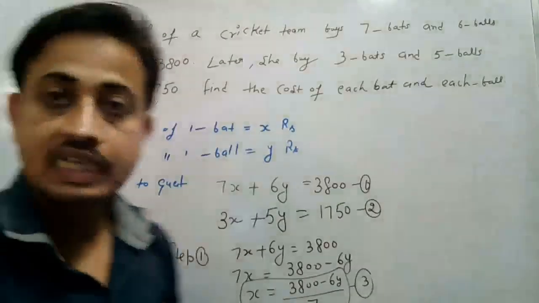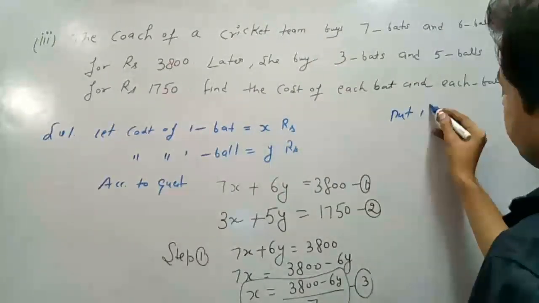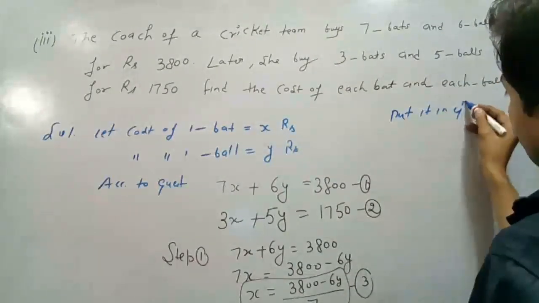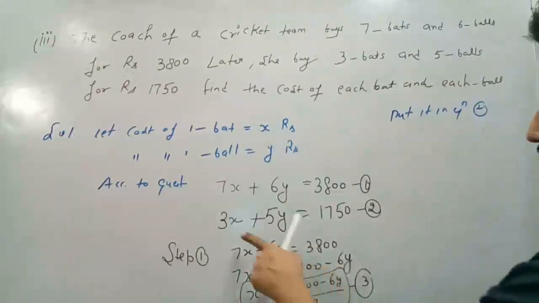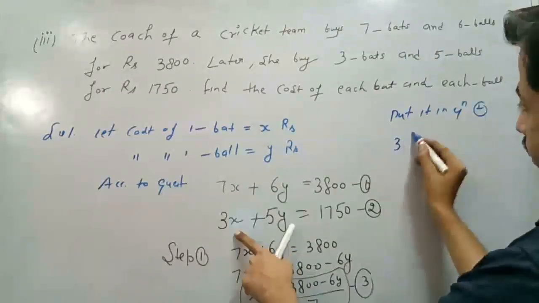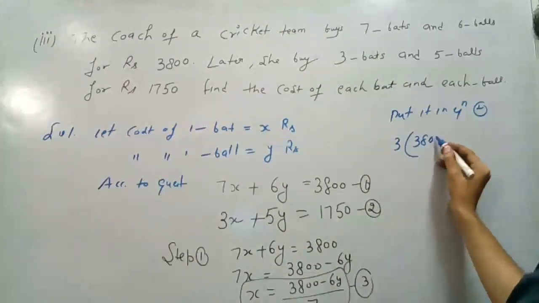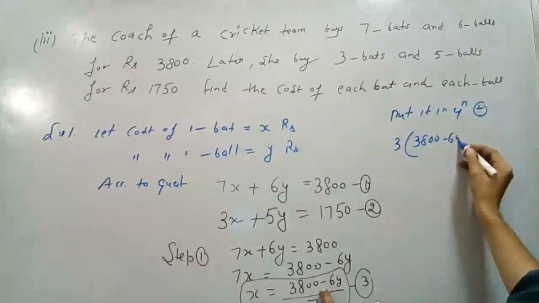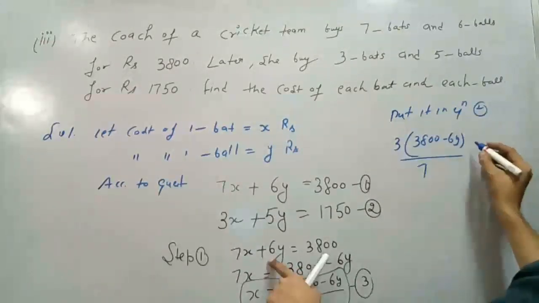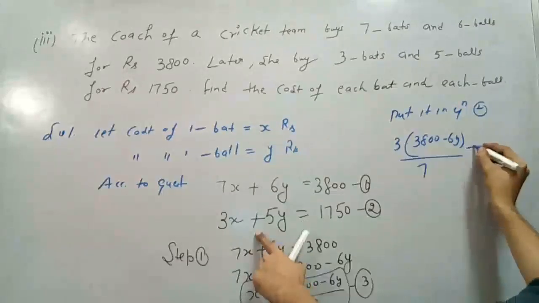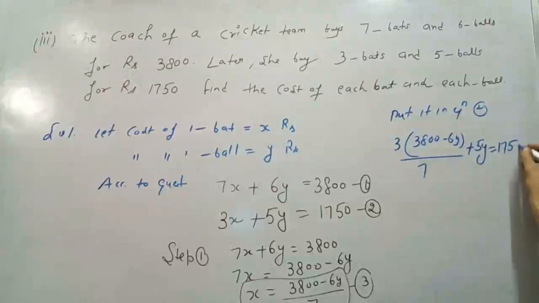Now what is step 2? Put it in equation number 2. The second equation is 3 into x, and the value of x is 3800 minus 6y divided by 7, plus 5y is equal to 1750.